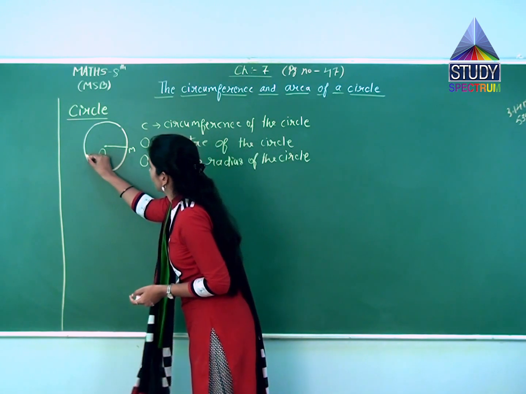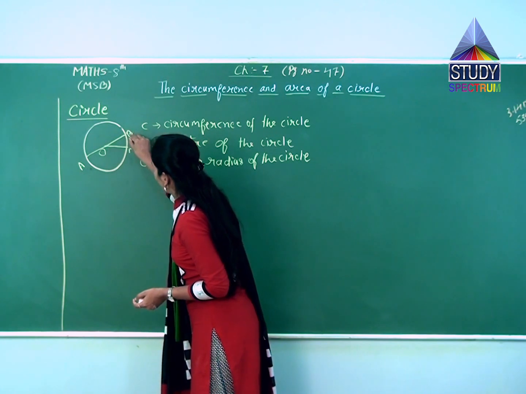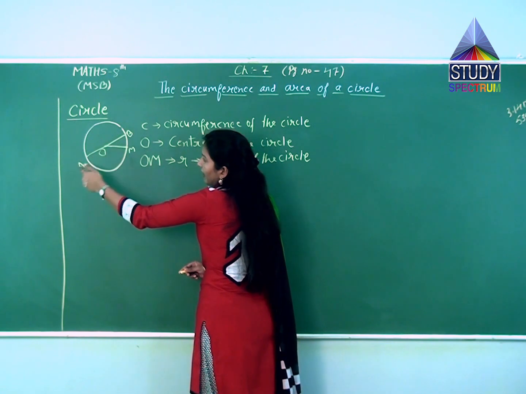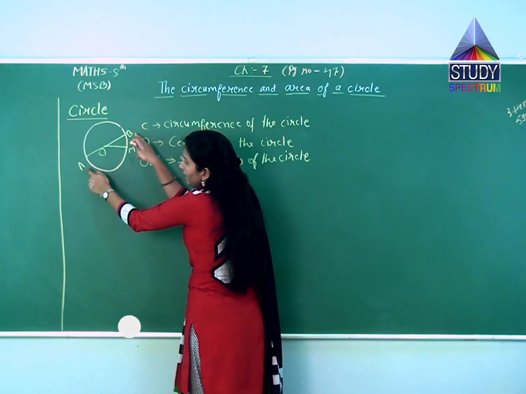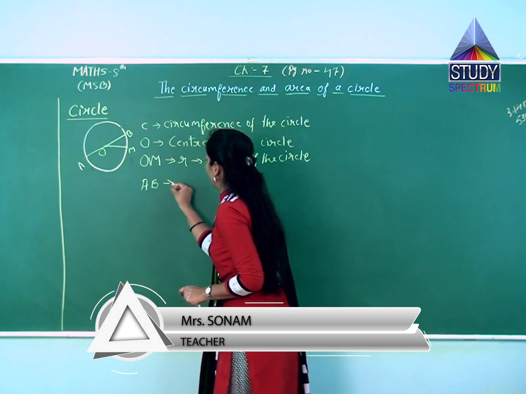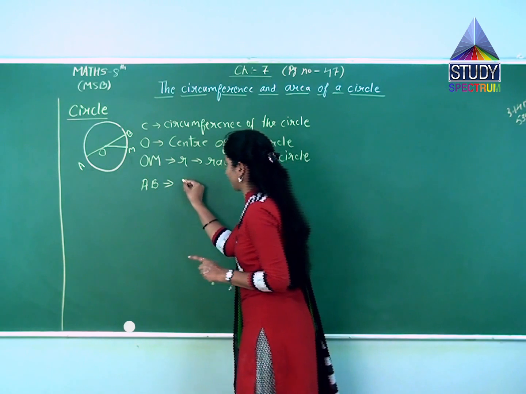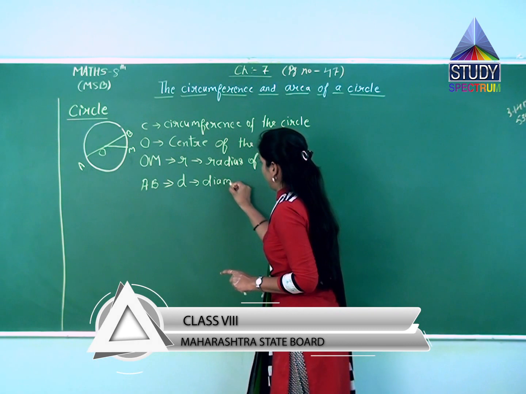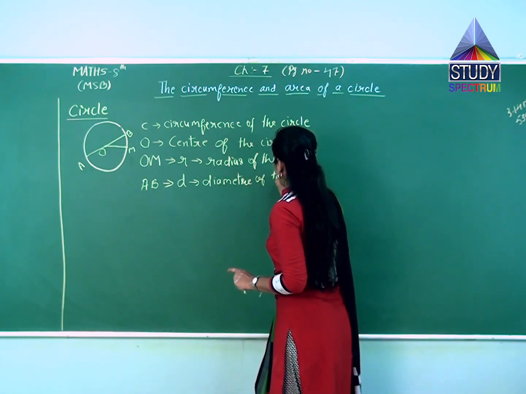Means, if I am drawing this, A and B are the points, and I am joining these 2 points with line AB, and this line is going through the center of the circle. That's why this AB will be your diameter. So here AB is your diameter, and diameter is also shown as D. So this will be the diameter of the circle.